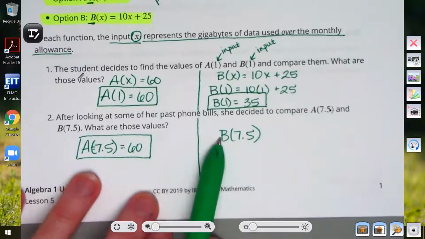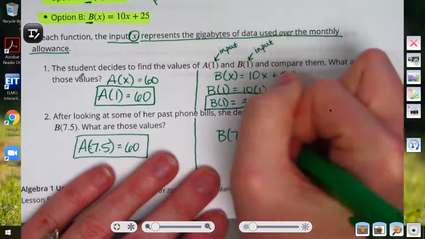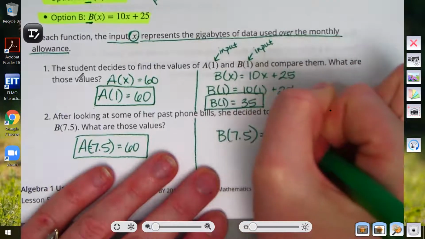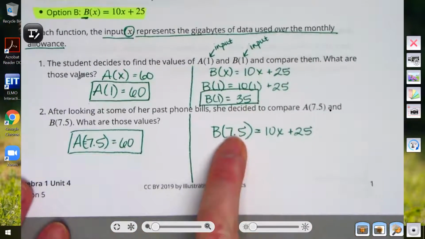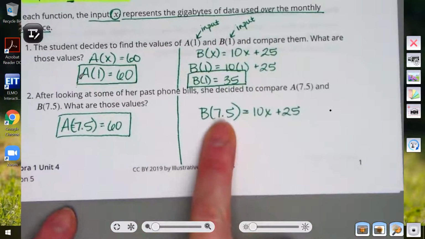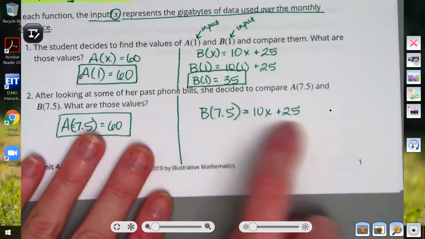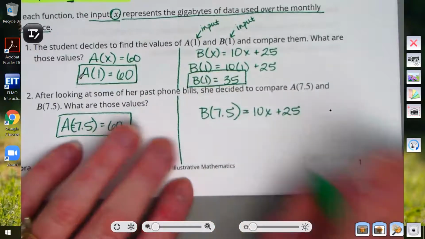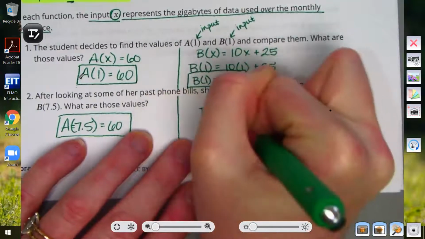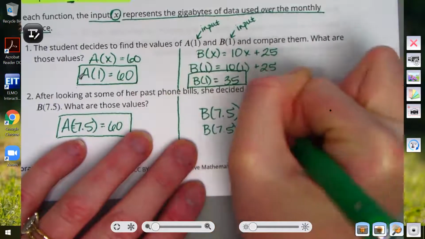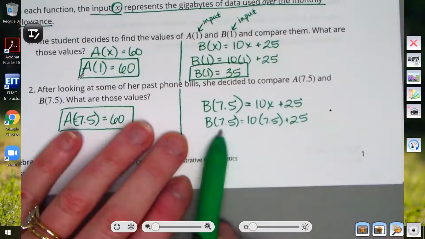All right, now we have B. So this one's a little bit different. What do I have to do with my input for option B? I have to plug it into my other X values. So I have B of 7.5, and everywhere I see an X, I have to substitute it. Can I simplify this side at all?